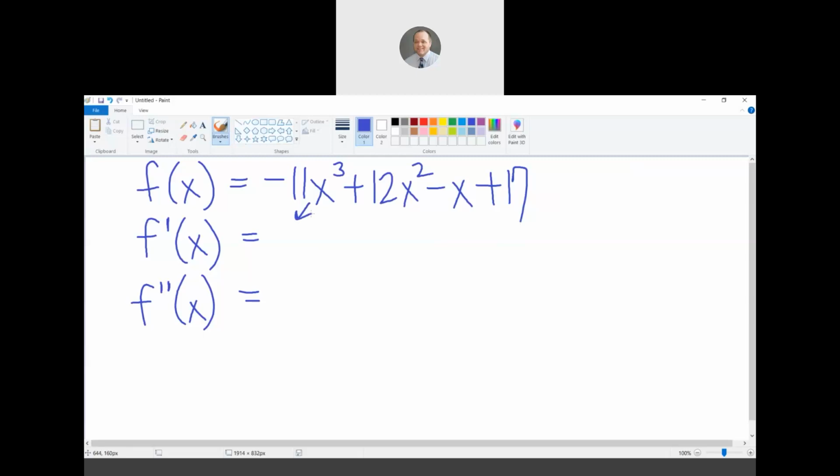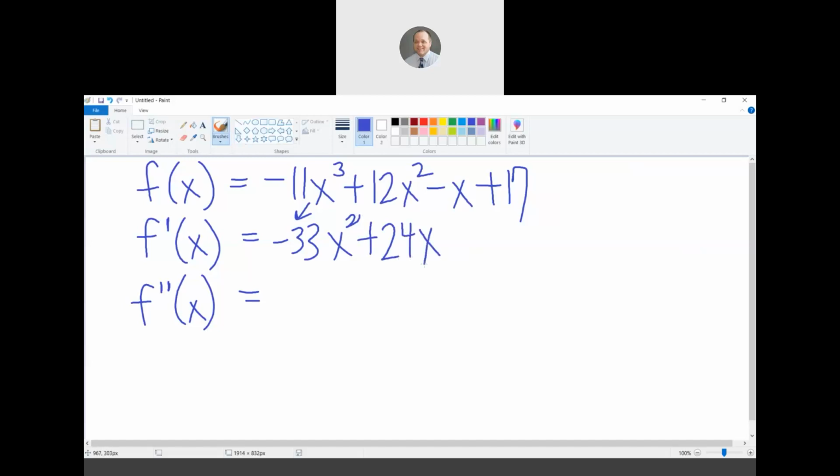So for the first term, when we use the power rule for derivatives, we get negative 33x squared. Going down the line here, we got 24x.